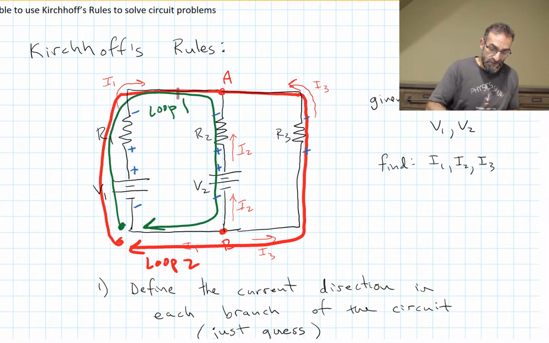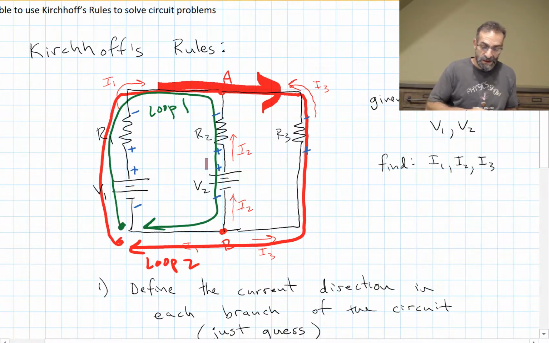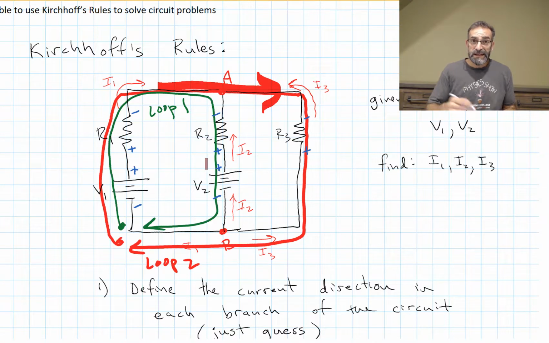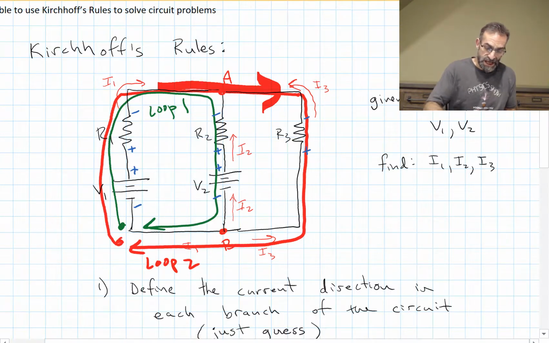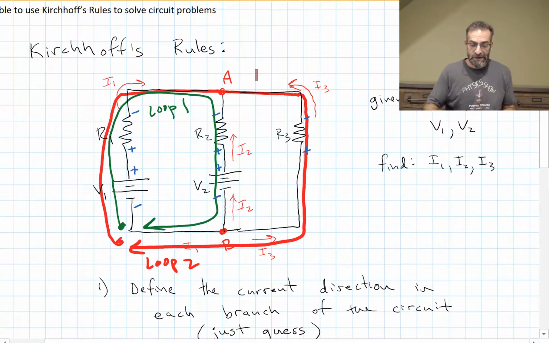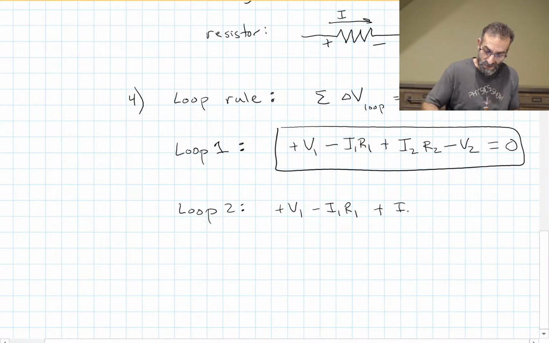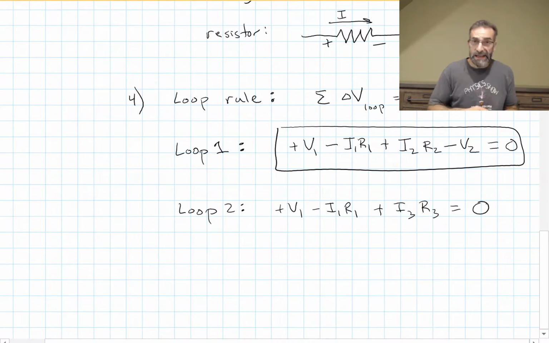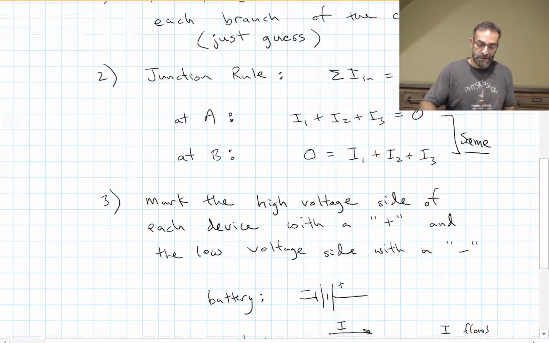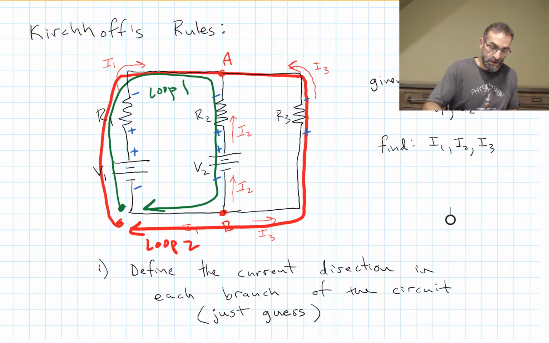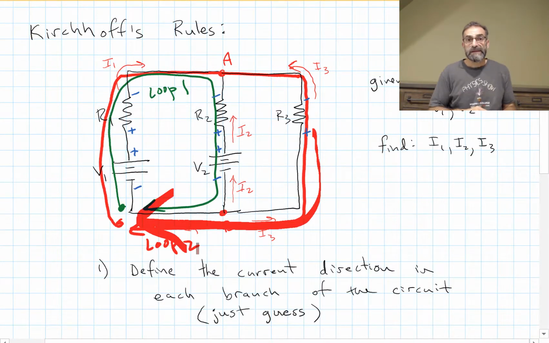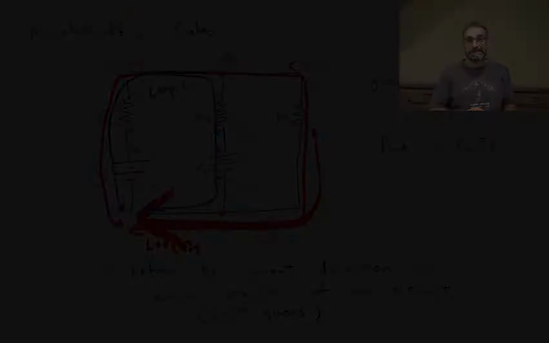Now I come this way, and I encounter resistor R3. I'm going in the low potential side, coming out the high potential side. So that's a rise. And then I go back to the battery without encountering any more devices.